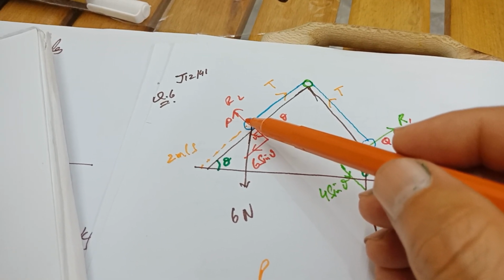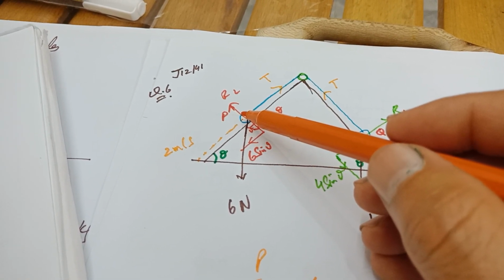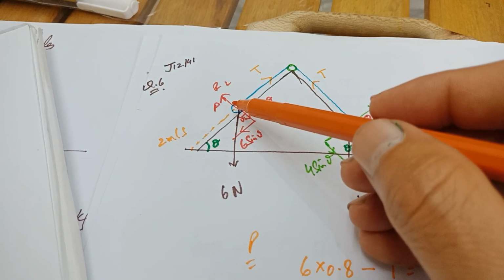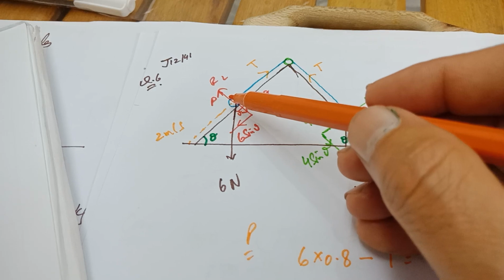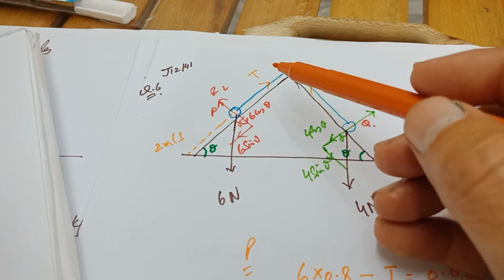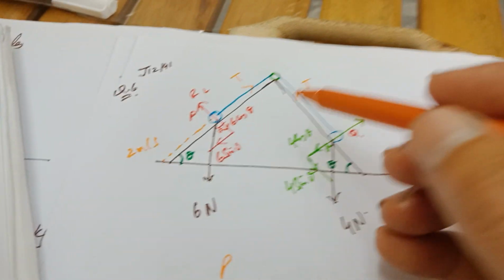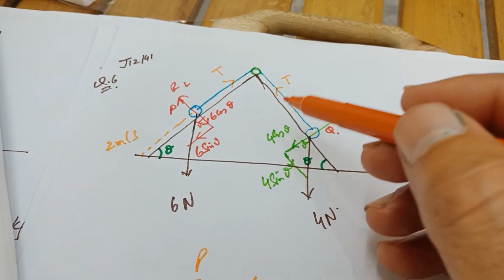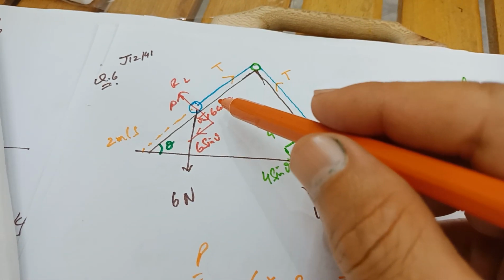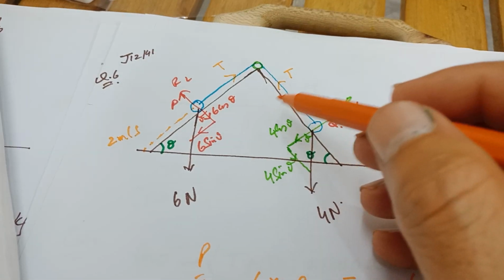Q continues to move up the slope but does not reach the pulley. Find the time taken from the instant that the particles are released until Q reaches its greatest height above the ground. So this is the case where you have to see how long the string was taut and how long the string is slack.